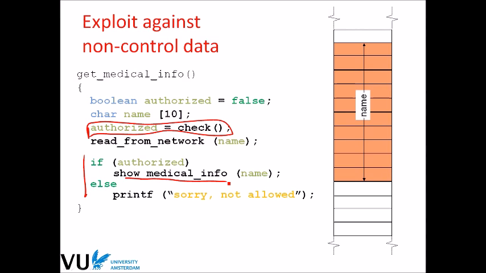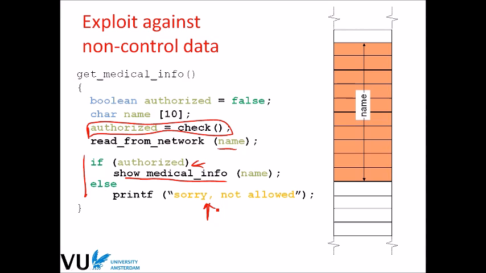So there's an authorization check, and then the program reads from the network the name of maybe the patient that you want to see the medical information for. And then if you were authorized, it will show you that medical info, and if not, it will tell you that you cannot see the info.